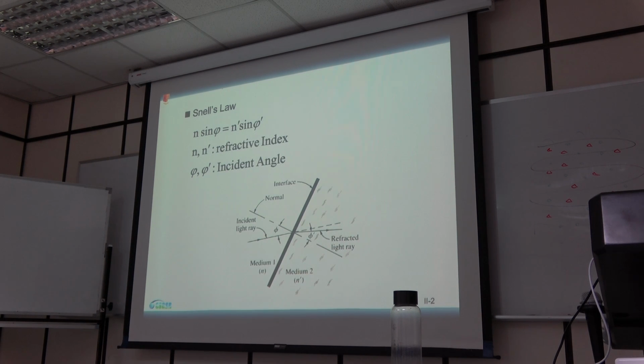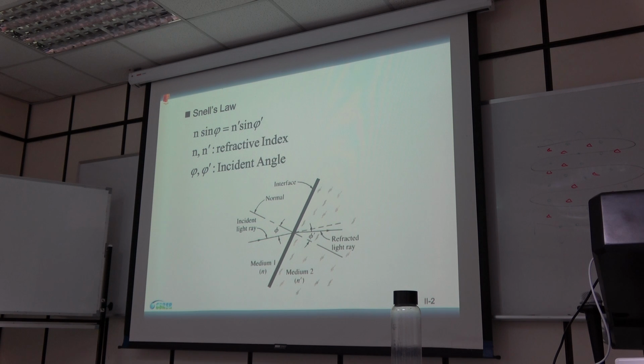And Snell's law, like this. Anyone choose the bathymetry paper? Yes. If you are doing photogrammetry work, the light rays pass through different media. In this case, you have different density. For example, air has a certain density, water has a certain density, and the atmosphere has different density as well.